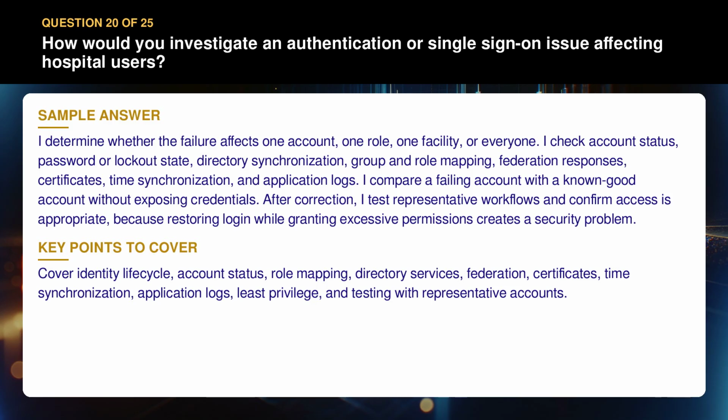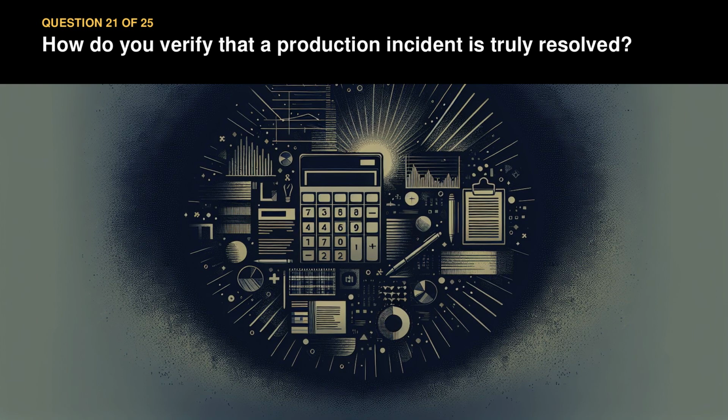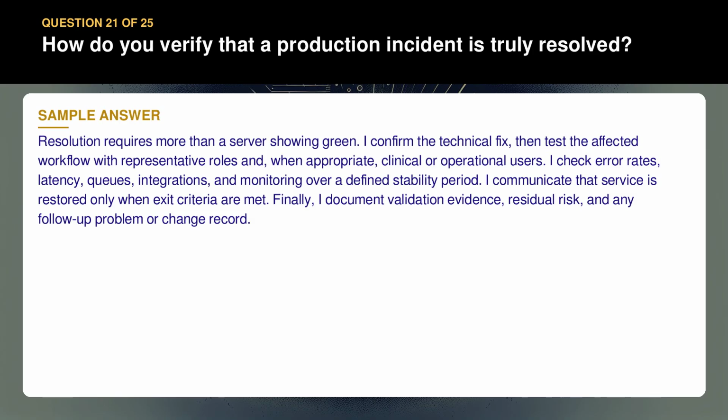testing with representative accounts. Question 21. How do you verify that a production incident is truly resolved? Resolution requires more than a server showing green. I confirm the technical fix, then test the affected workflow with representative roles and, when appropriate, clinical or operational users. I check error rates, latency, queues, integrations, and monitoring over a defined stability period.